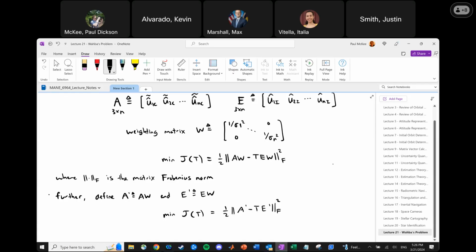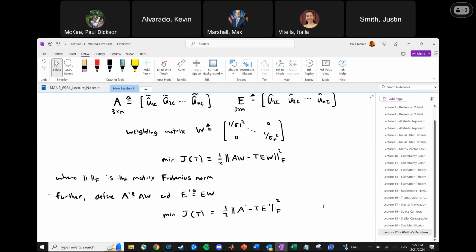Okay. So if we're going to do this minimization, this is going to be a constrained optimization problem. Some of you that are familiar with optimization, if you write a function like this and say, find me the T that minimizes this error, nowhere in there are we enforcing the fact that T is an attitude transformation matrix, which means it is an orthonormal matrix, right? It is a matrix where each column and each row is a unit vector.